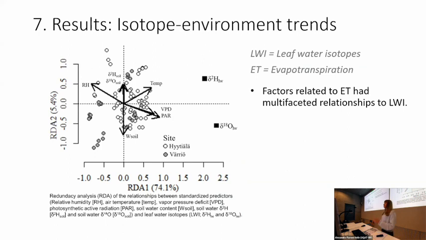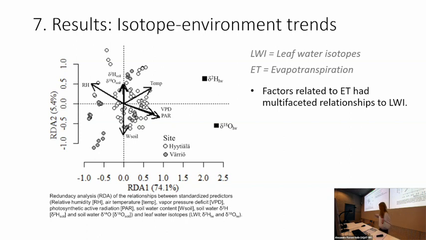And then when we come to the many different relationships between environmental factors and isotopes, we've got this one graph here to visualize how they're related to isotopes. For the stats, we did some regression style analyses, generalized linear mixed models, but rather than show many correlations lined up, we've got this redundancy analysis to show how these different factors are interacting.